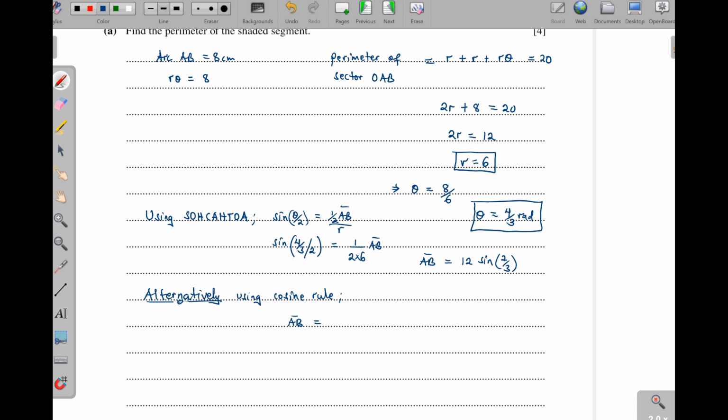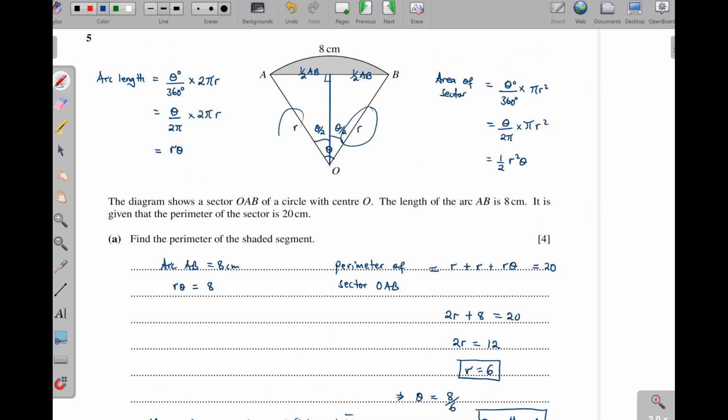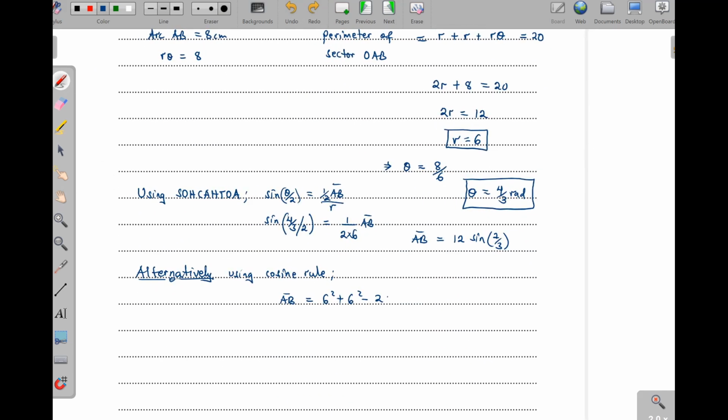squared is equal to, whatever is this side, we have r squared. Our r is 6, not so? So 6 squared, plus 6 squared minus 2 r times r, like these two sides here. So r times r, that will be 2r squared.